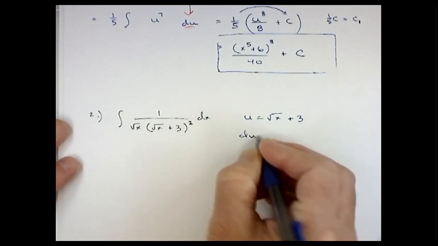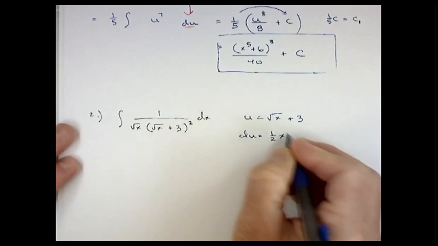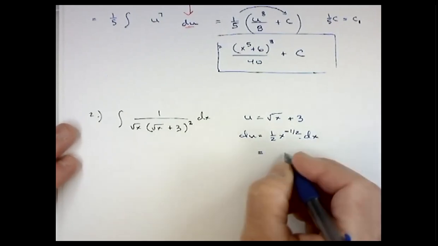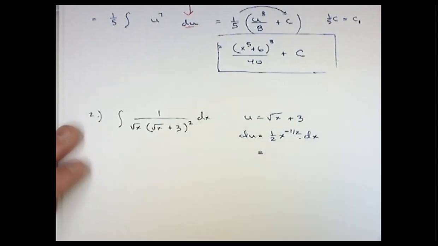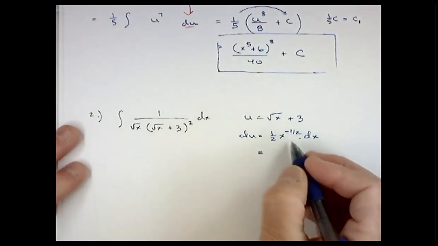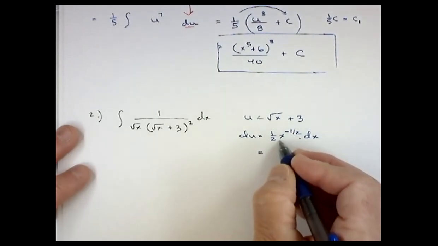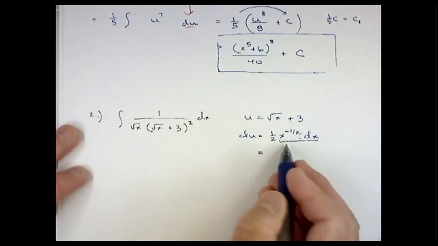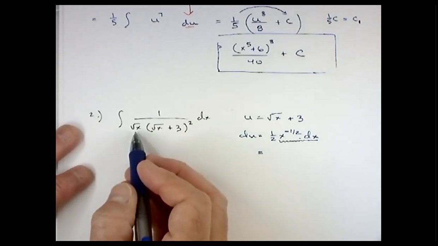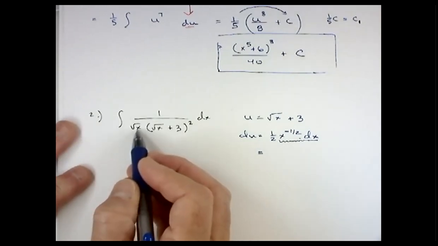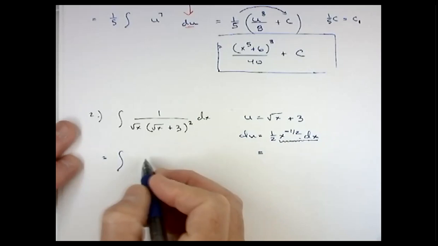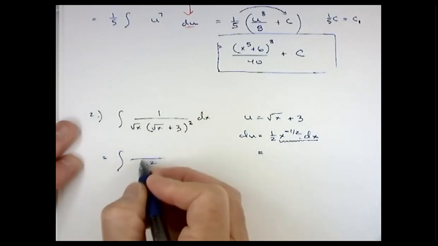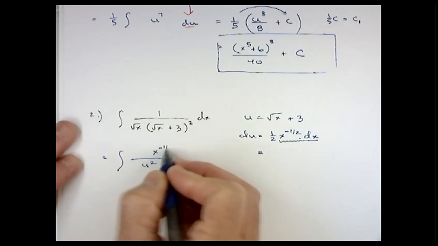So my du is 1/2 x to the negative 1/2 times dx, which is the same thing as, okay, well, I could do a couple of different things here. What I'm looking for, remember, if U-substitution is going to work, I should see at least this somewhere else in the integral. And do you see that I can, right? If I take this root x, and let me just rewrite this. So this is going to be u squared on the bottom. But if I take this root x and bring it up, it's going to be x to the negative 1/2, right?